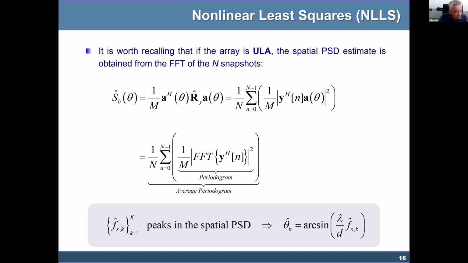And we applied the nonlinear least square method to estimate the direction of arrival by using this parametric model.